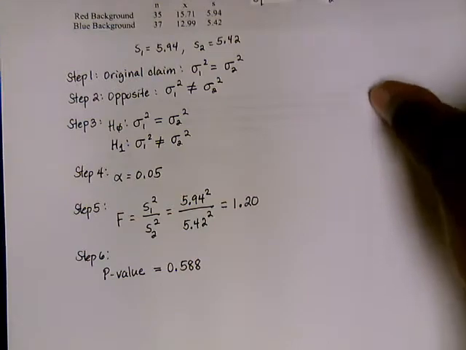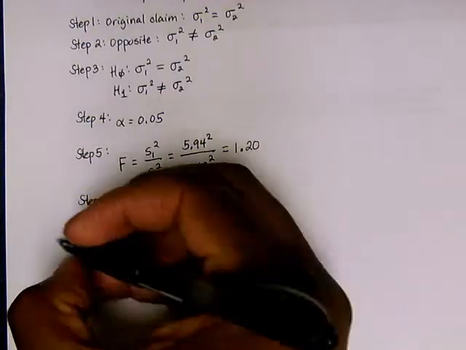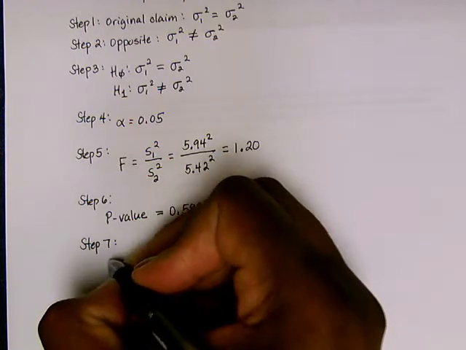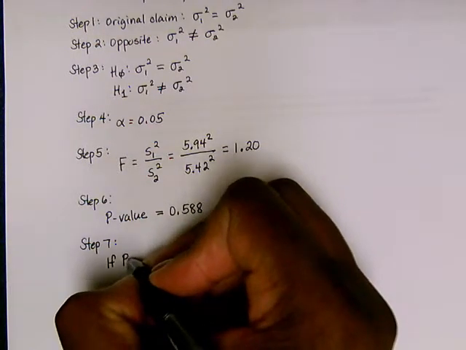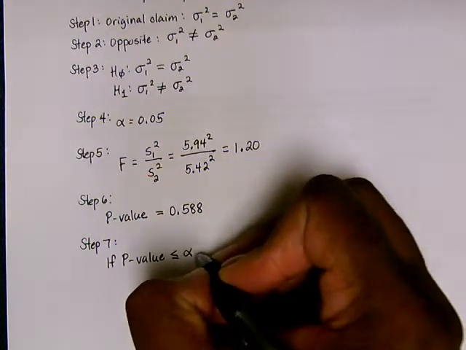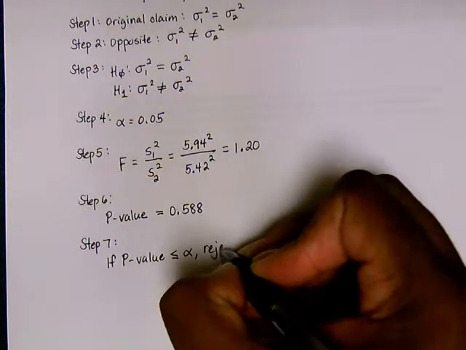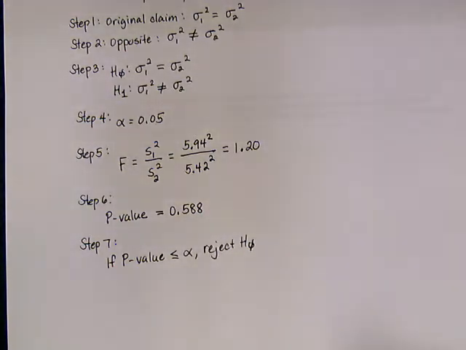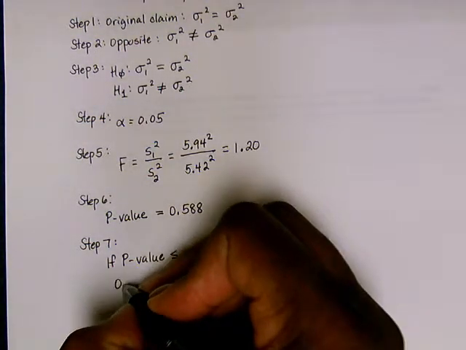So step 6 is calculating the p-value. Step 7 is the decision rule, where if the p-value is less than or equal to alpha, you're going to reject the null hypothesis. Now my p-value was 0.588.